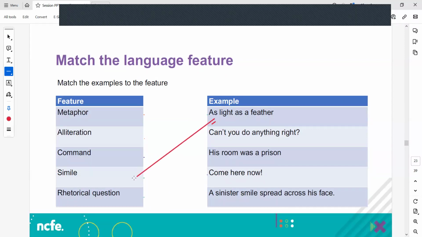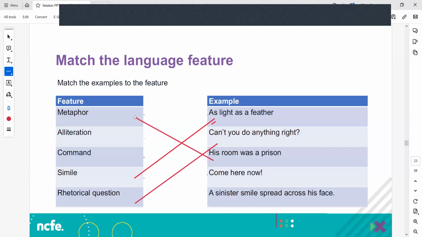Good, it's a simile. Can't you do anything right? Rhetorical question. Excellent. His room was a prison. A metaphor. It is good, yeah.